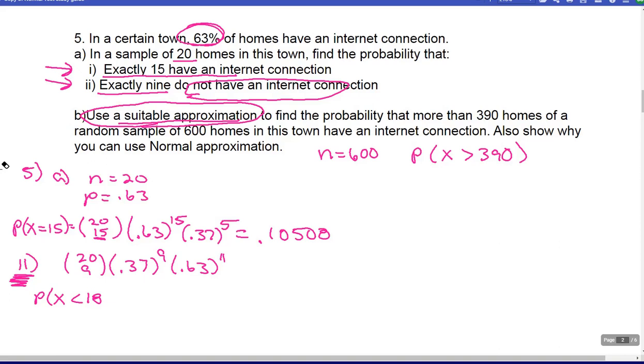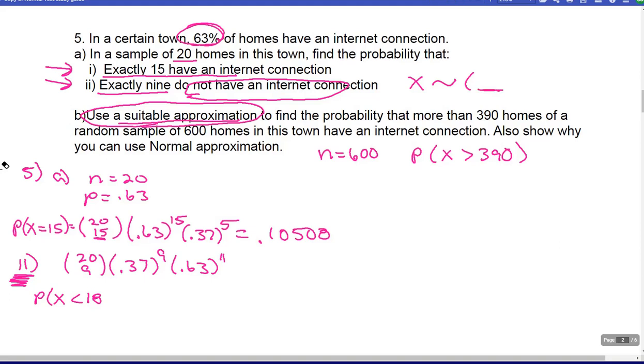All right, now if I'm going to use a normal distribution, what do I need to know? What are the parameters? What are the two things I need to know?